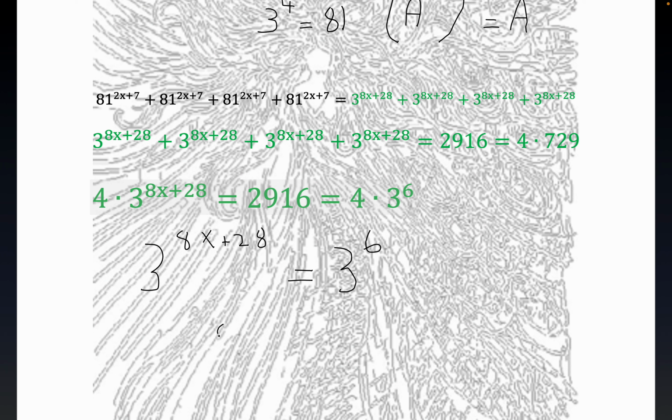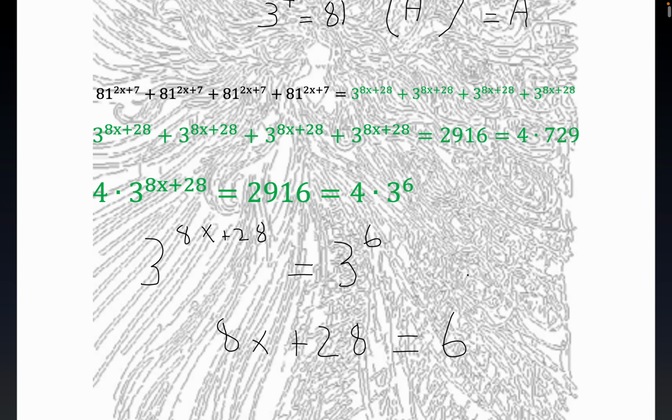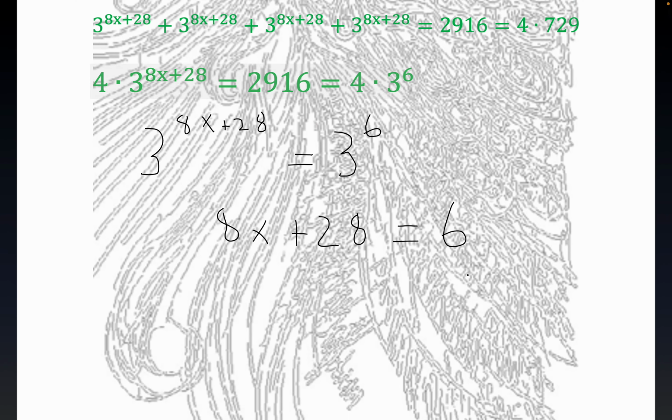We get 8x plus 28 is equal to 6. And again, we can equate these exponents because the exponential function is a one-to-one function. Let's see, where does this lead us?